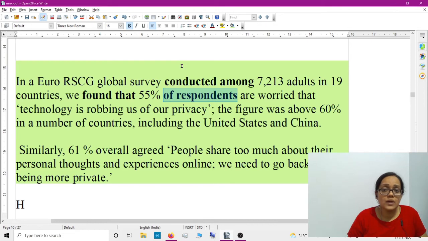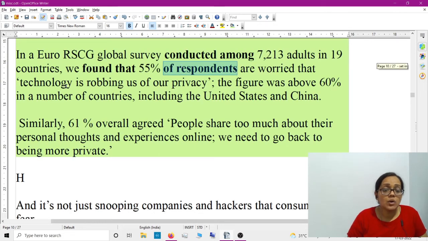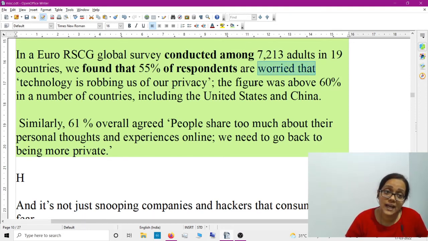Respondents are worried that technology is robbing us of our privacy. See, actually they used a punctuation over here. So it's like a quote, so it's good if you are using a quoted sentence like this. Are worried that, what they are worried about, they didn't say that, are worried that technology is robbing us of our privacy.